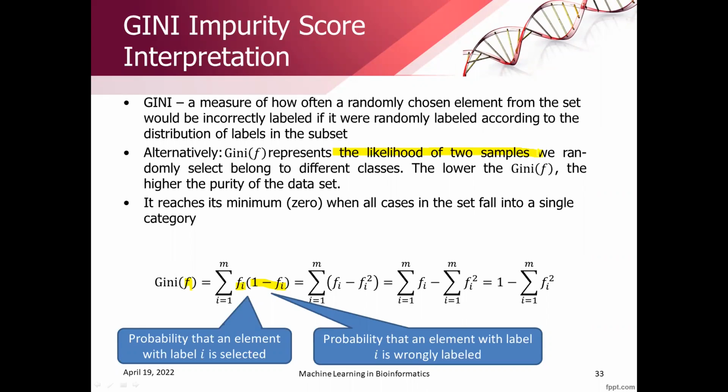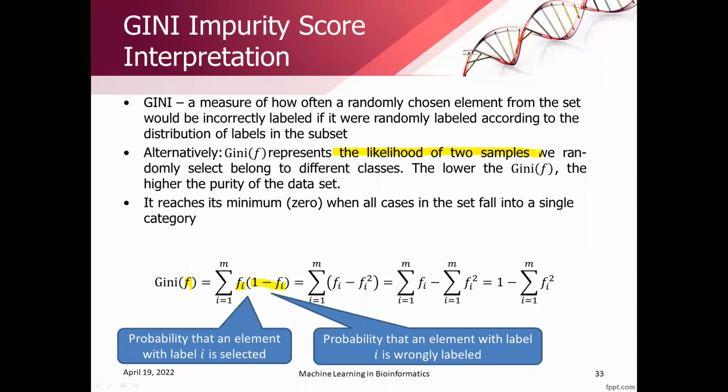Why should it be used? Our goal is to obtain homogeneous sets. So the probability that, if we pick two samples, they belong to different classes should be as low as possible, preferably 0.